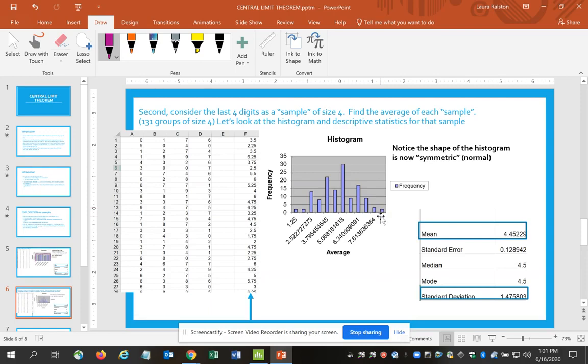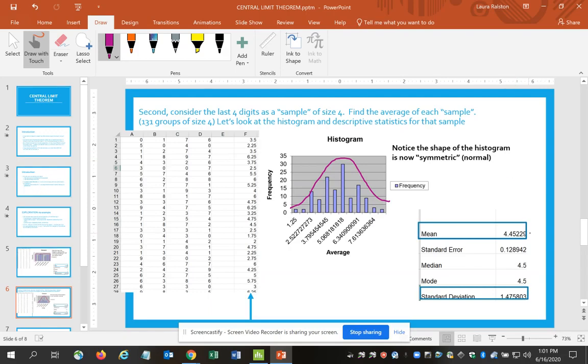It almost has, and again, let me see if I can help by drawing it in for you, that normal shape, it comes to a single peak and then it begins to taper off. So now we went from having a uniform distribution to a normal distribution when we considered those last four digits as a group.